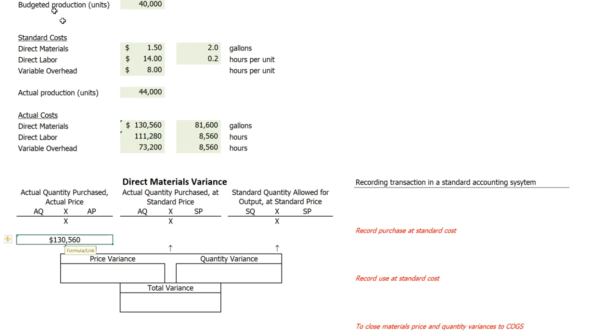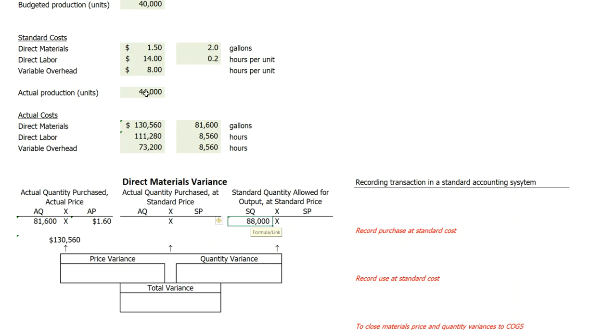Our actual purchases, we're told, $130,560. We purchased 81,600 gallons, and we can, of course, back into the price. Our standard quantity allowed would have been 88,000 gallons.